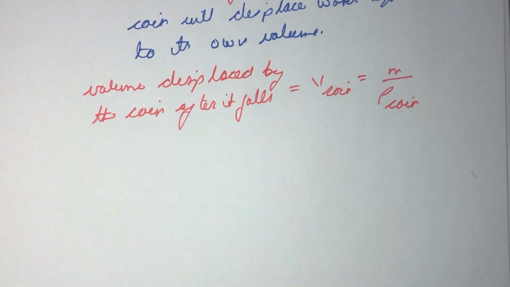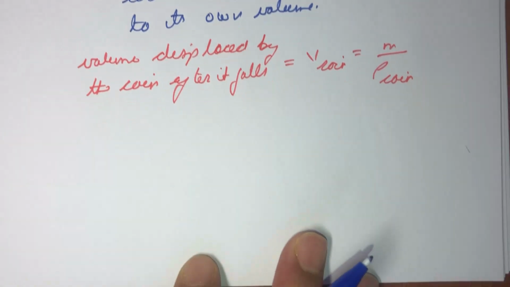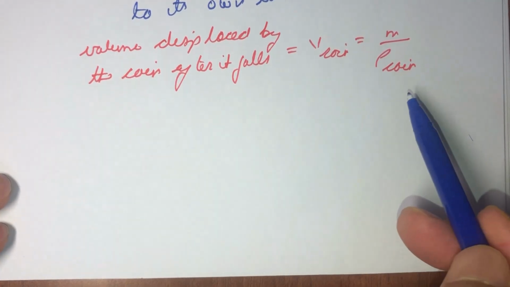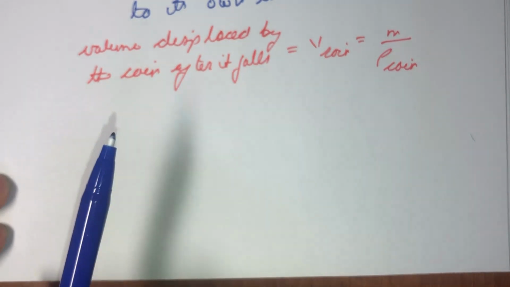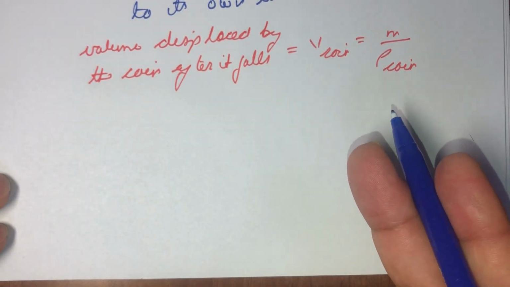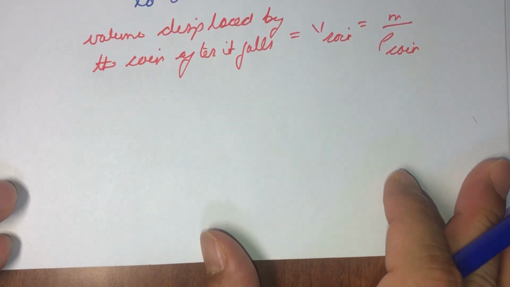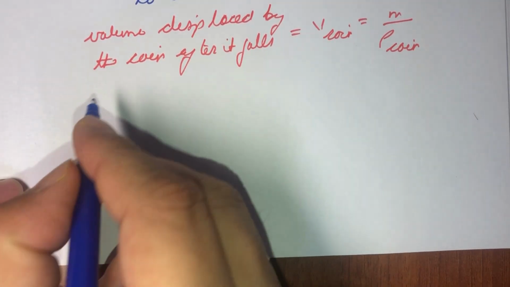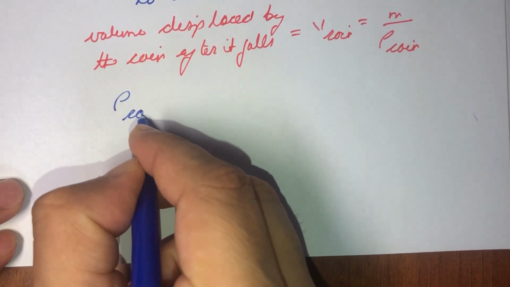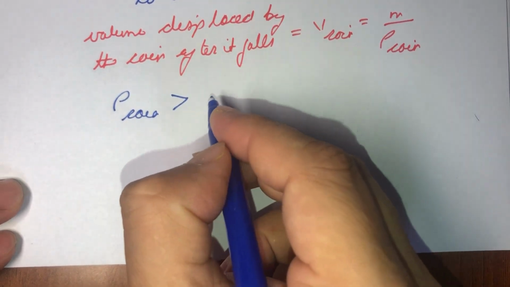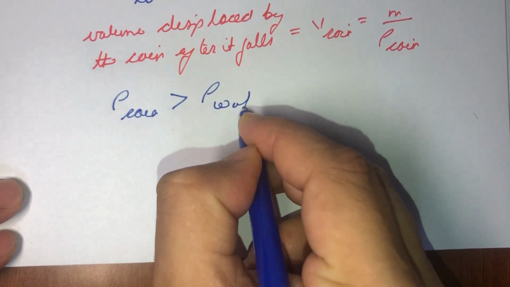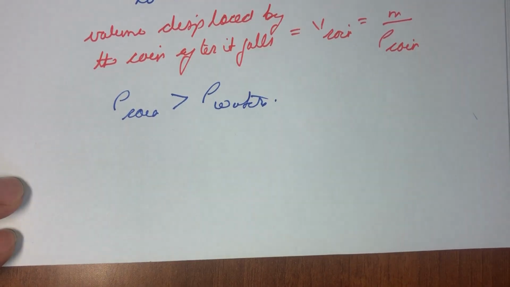Now, if you compare the density of the coin as compared to the density of water, obviously the coin is much denser as compared to water. So we can say that the density of coin is greater than the density of water.